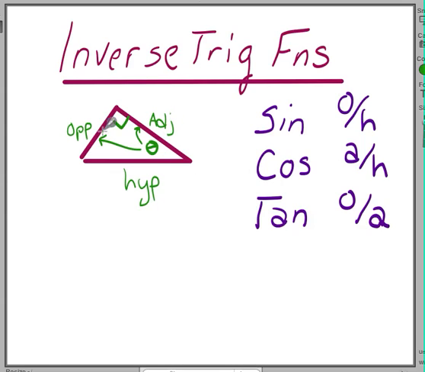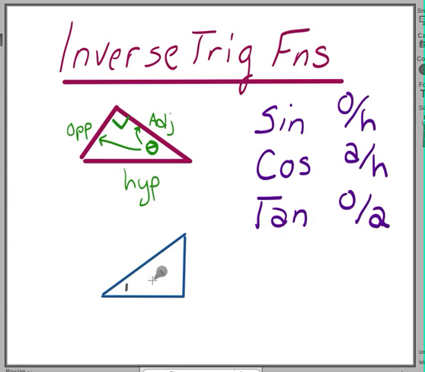Now, another way to look at this would be, let's take another right triangle. Let's make this one blue. So we've got our classic right triangle like this. And then we'll put theta over here.